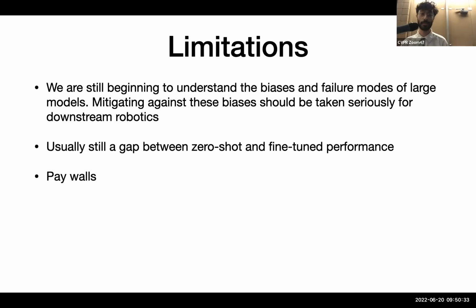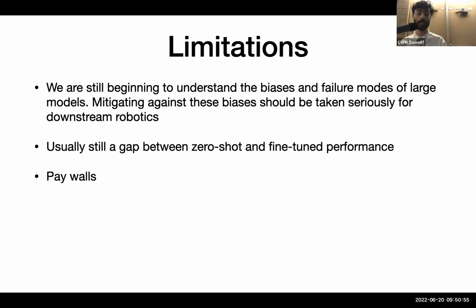I think that's a huge limitation that deserves a lot of study. Also, there's still a pretty huge gap between a zero-shot method and a fine-tuned method. Closing that gap, I think in classification, that gap is shrinking rapidly, but in some other tasks, that's definitely a limitation.